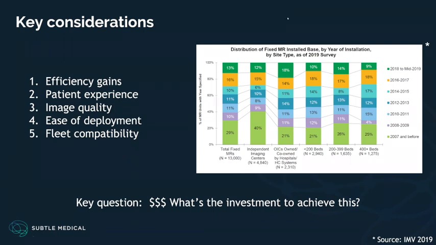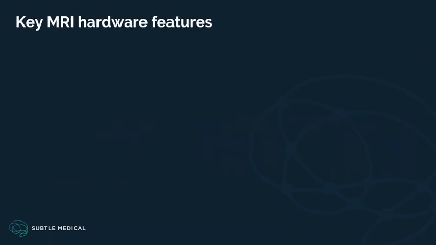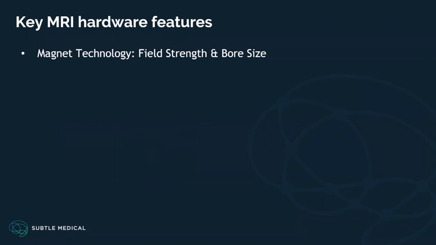Okay, so let's start with the discussion around the features in the scanner technology, around hardware technology. What I wanted to talk about, some of these key hardware technologies, are the magnet technology, how that has come along in terms of the field strength and the bore size.